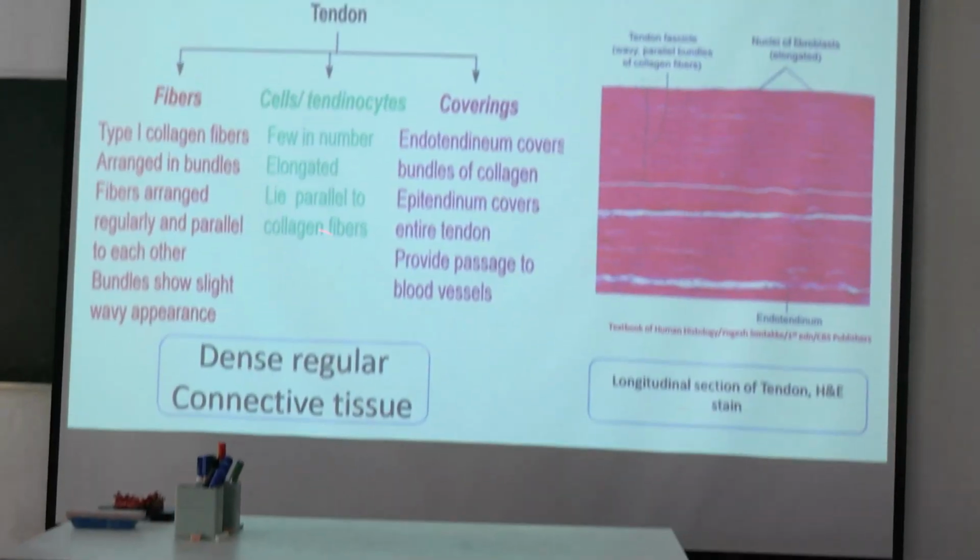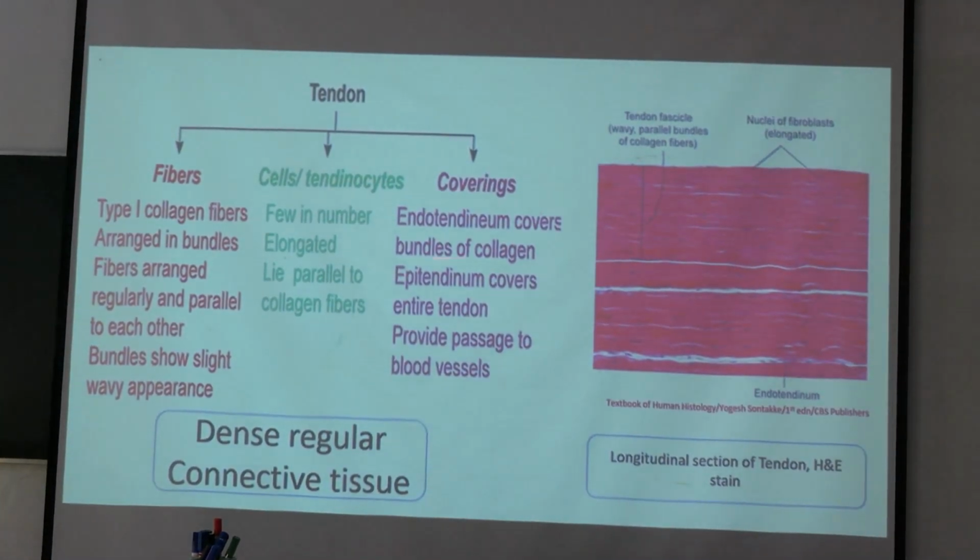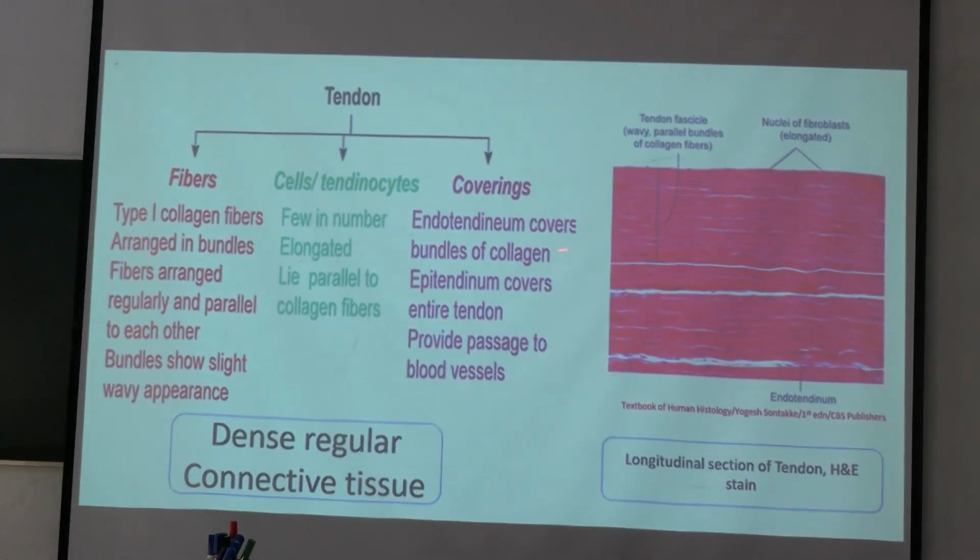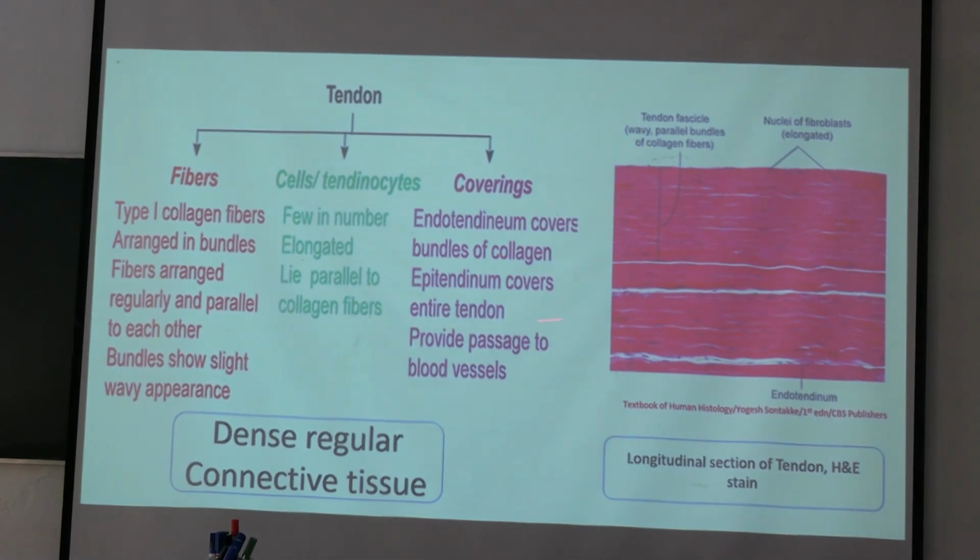Bundles show a slight wavy appearance, dense regular connective tissue. Cells or tendinocytes are few in number, elongated, and lie parallel to collagen fibers. As coverings, the endotendinium covers bundles of collagen, and the epitendinium covers the entire tendon and provides passage to the blood vessels.